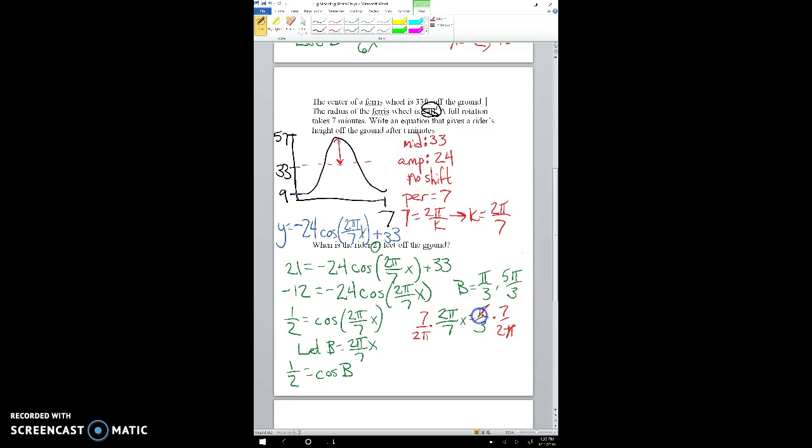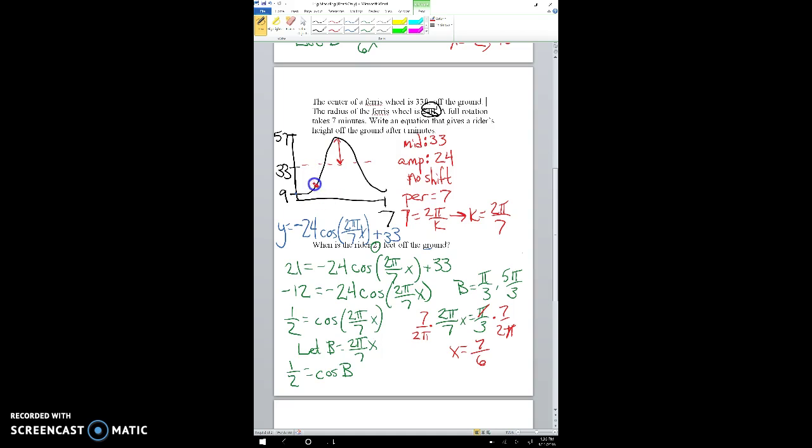The pi's cancel, and you get x equals 7/6. So after 7/6 of a minute, they are 21 feet off the ground.